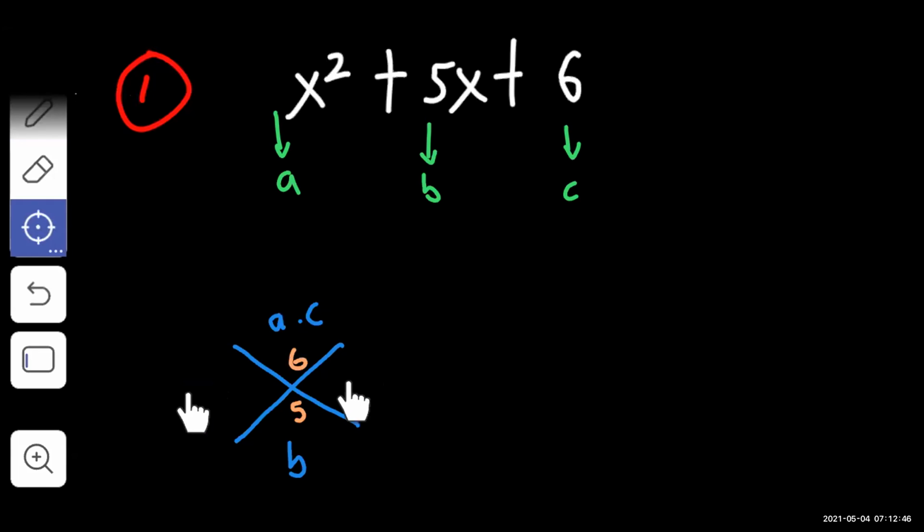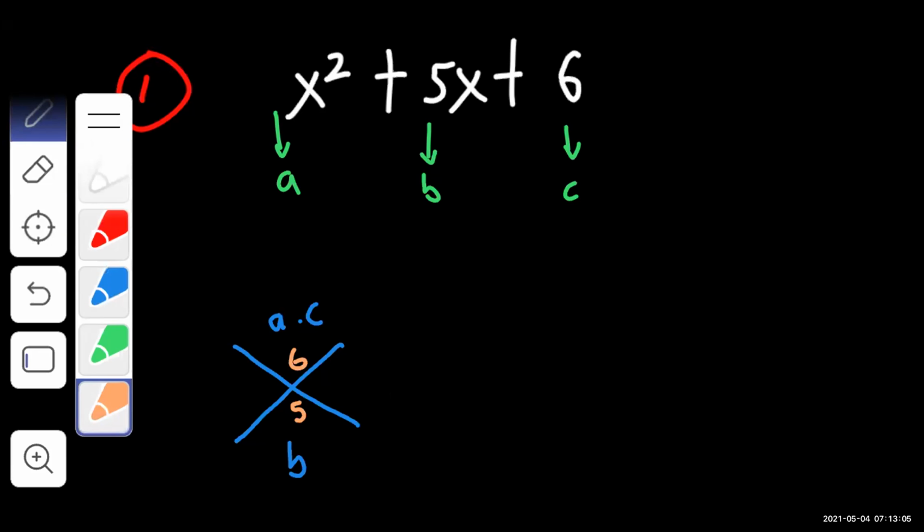Now we need to factor this number and find the other ones. This is the tricky part. We need to factor the number 6. Factor means multiply: find two numbers that multiply to get 6. Can someone give me an idea?